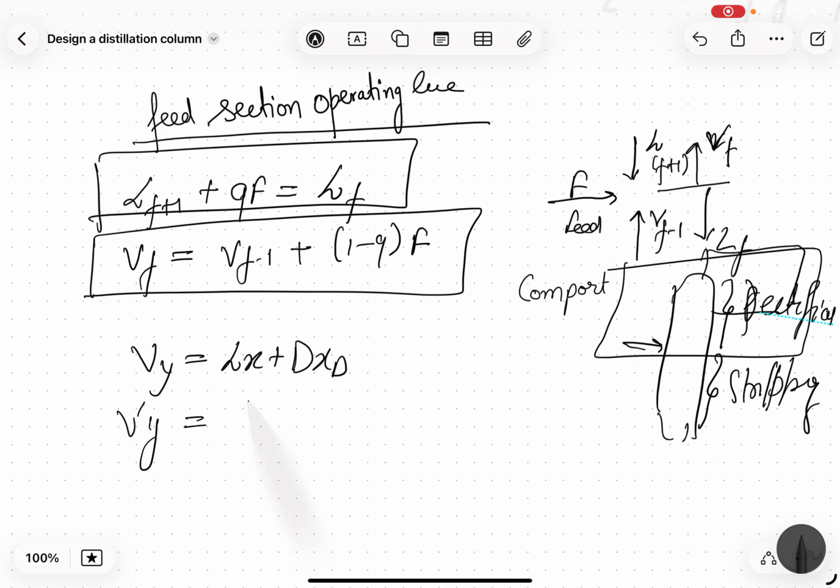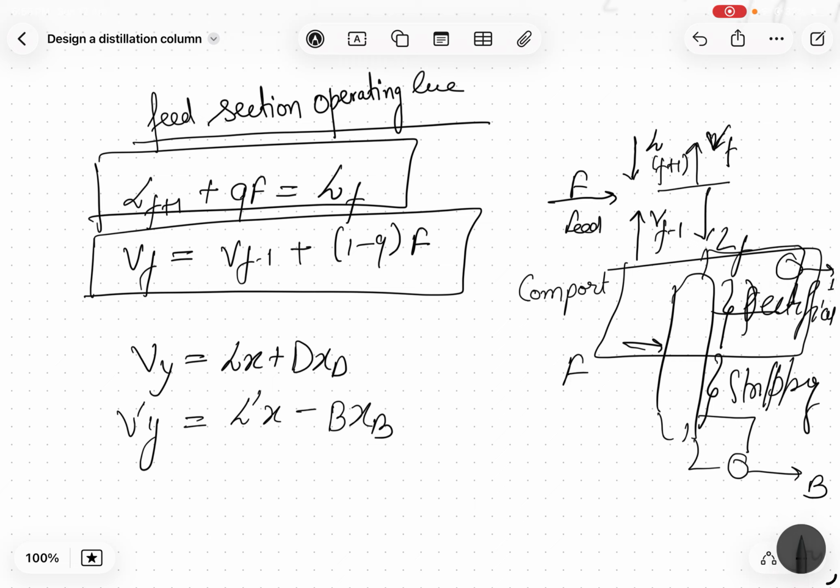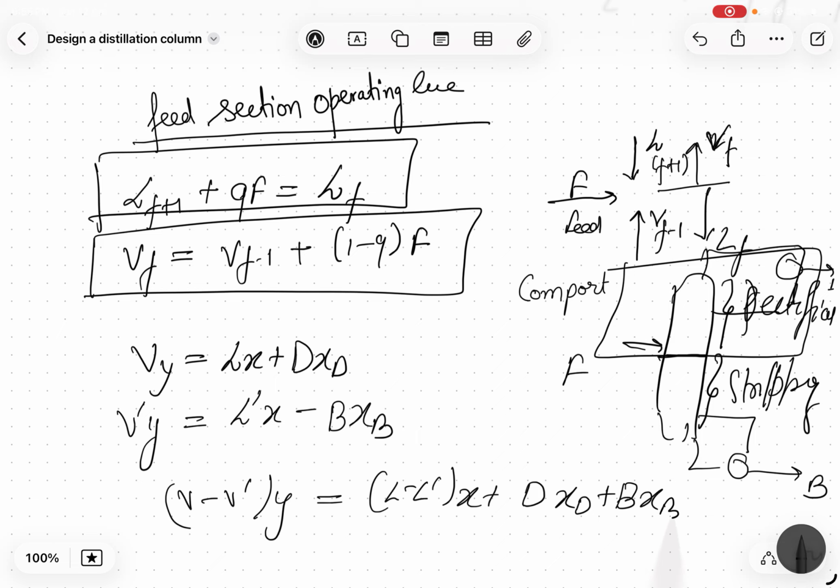Similarly, V dash times Y equals L dash times X minus B XB, considering the bottom product. Once you do that, you get V minus V dash times Y equal to L minus L dash times X plus D XD plus B XB, which makes more sense.